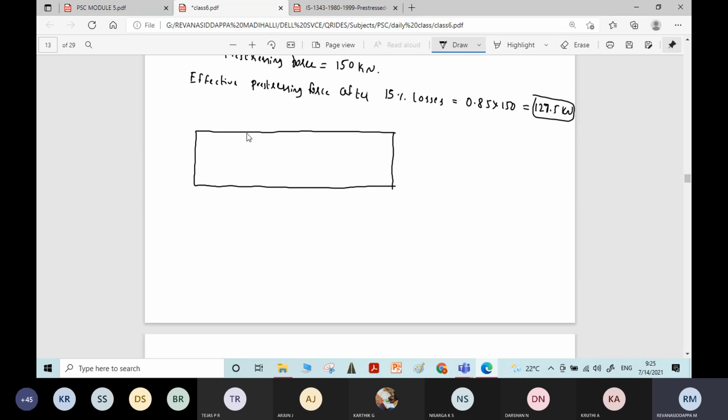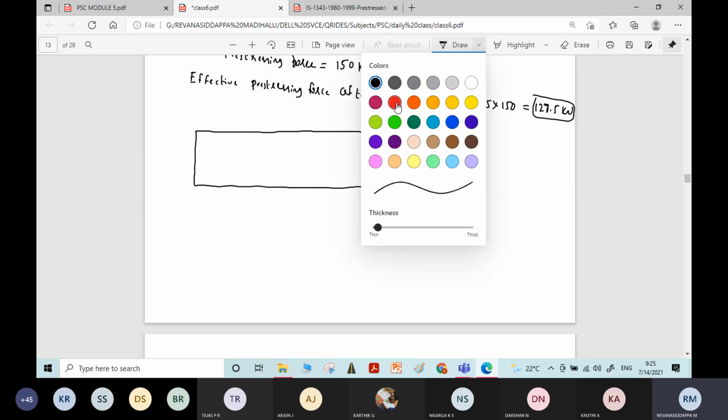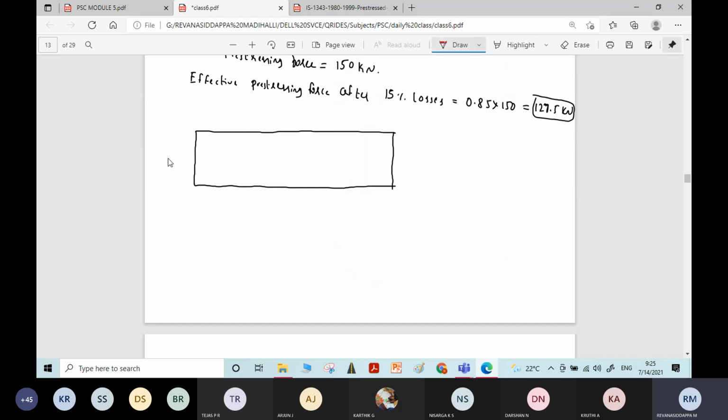Okay, same procedure. See, this fifth model, it is like a combination of first, second and third model.